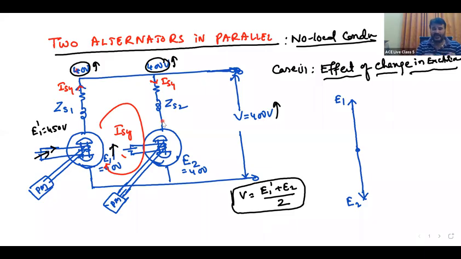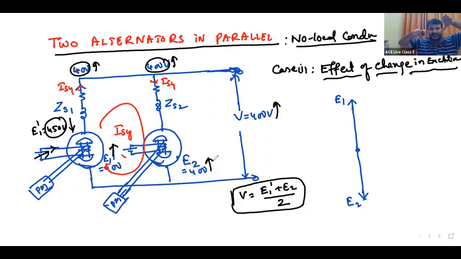So the armature reaction is demagnetization in the first machine and magnetization in the second. By demagnetization and magnetization, this effect will reduce, it is not 450 anymore, and the other will be increased. Both first are 400, 400.